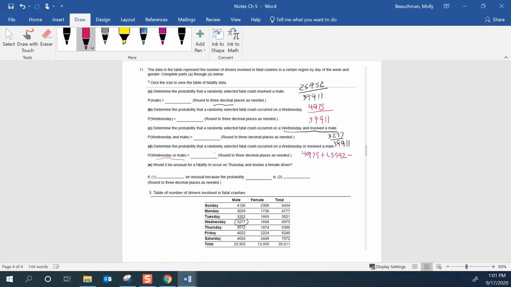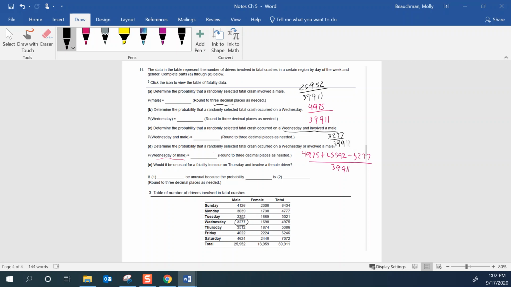Notice we counted Wednesday and male twice. So we counted this 3277 twice. So we're going to subtract out the 3277 and then divide by 39,911.